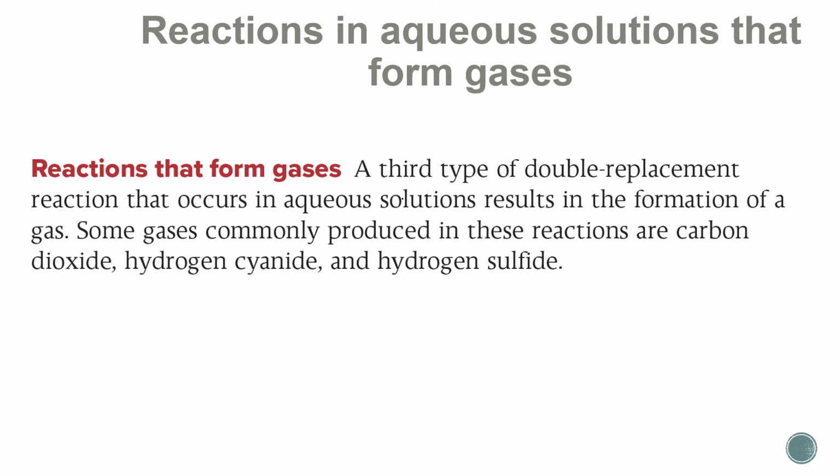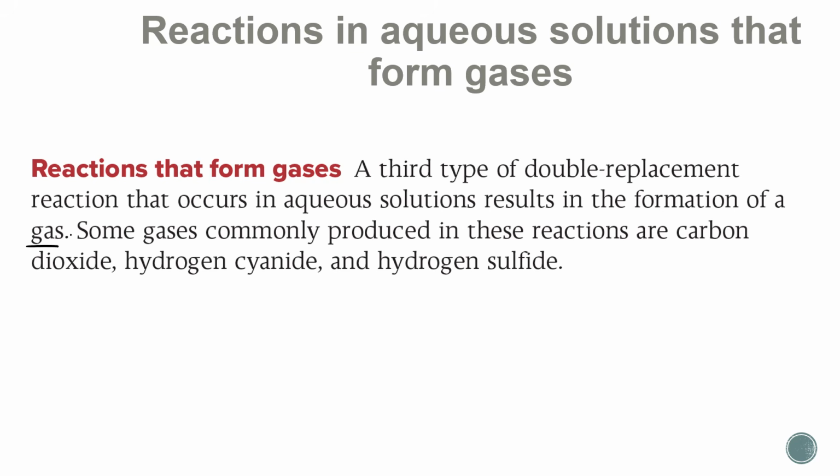Now we go to part 3, which is formation of gas, or forming a gas. The idea is all the same. You have a double replacement reaction, and you do the double replacement and you will find a gas in the product. So, reactions that form gases. A third type of double replacement reactions that occurs in aqueous solutions results in the formation of a gas.